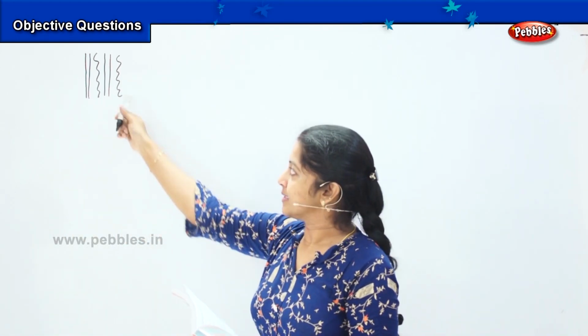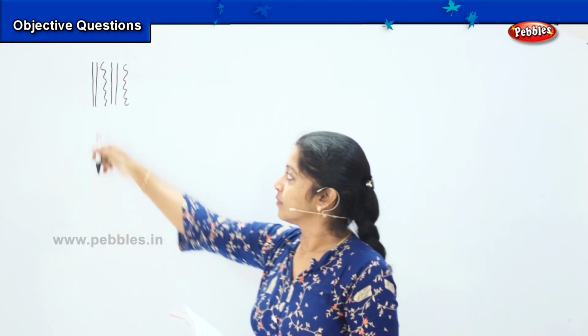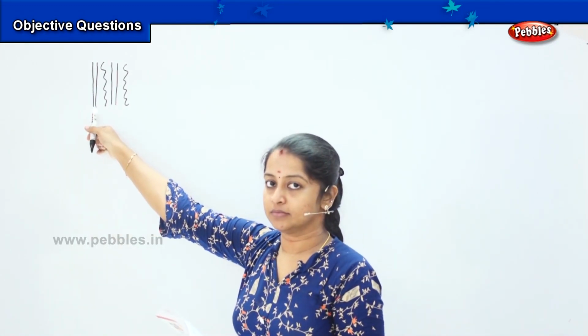Can you see this? Can you tell me what lines are these which I have drawn on the board? Very good. I have drawn the combination of a straight line and the curved line. So now, your question is, can you tell me how many curved lines are there in this picture? Shall we count? Is it a curved line?